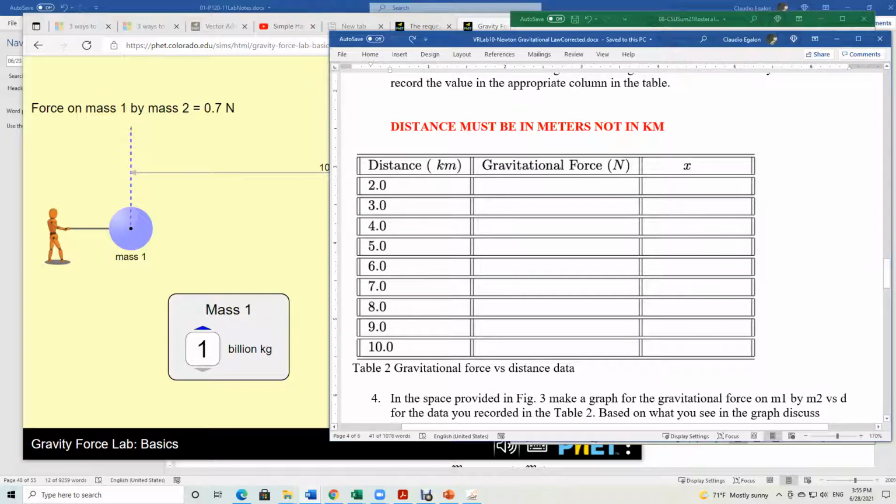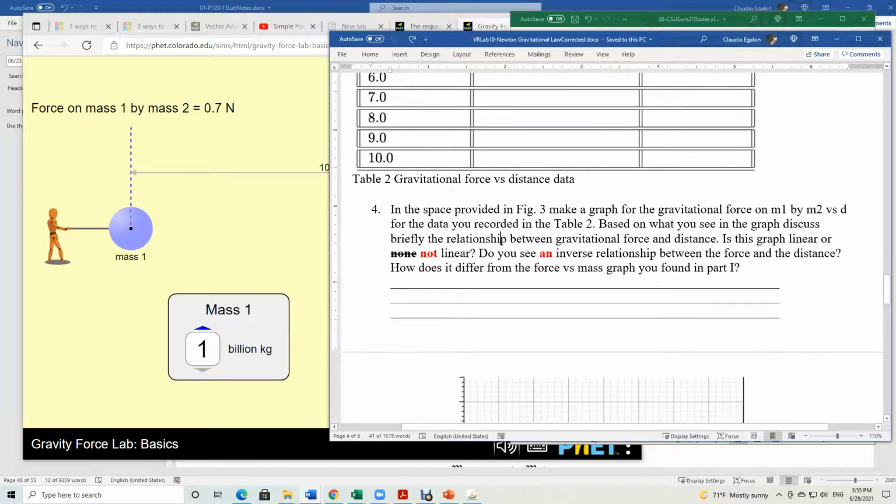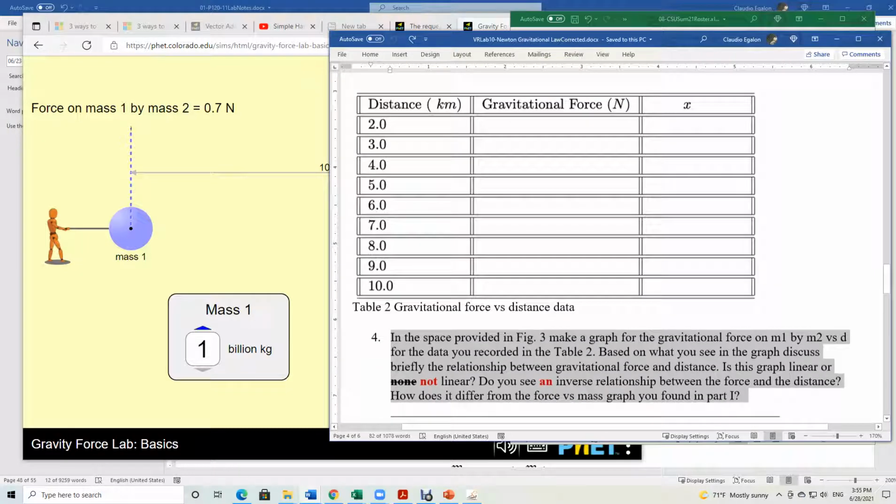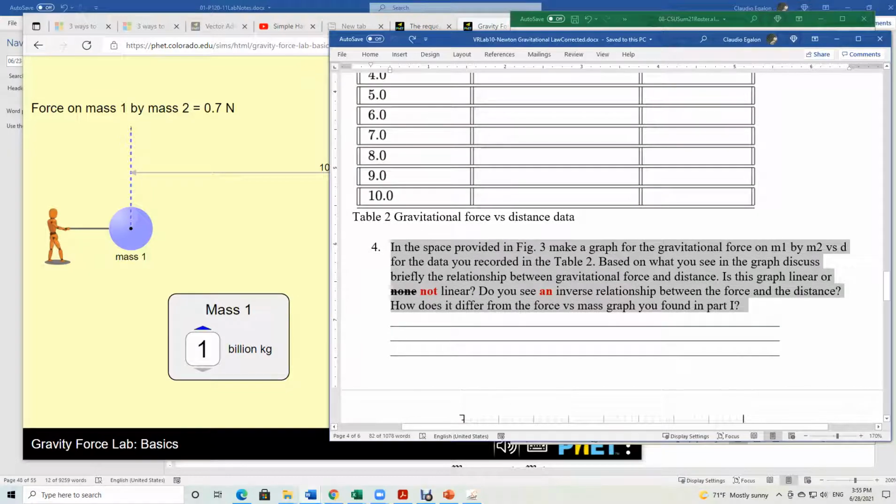In the space provided in figure 3, make a graph for the gravitational force versus the distance. Plot the gravitational force in the y-axis and the distance in the x-axis. That's what you want to do.